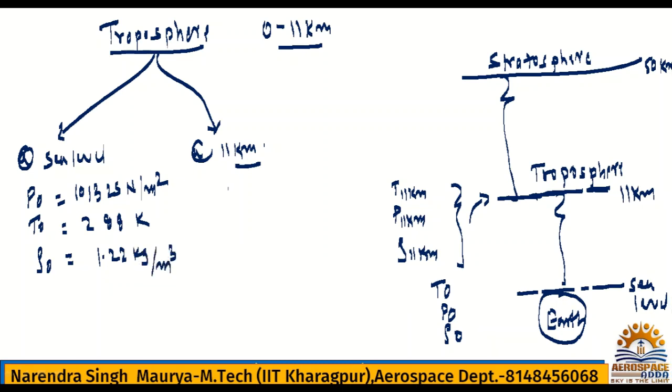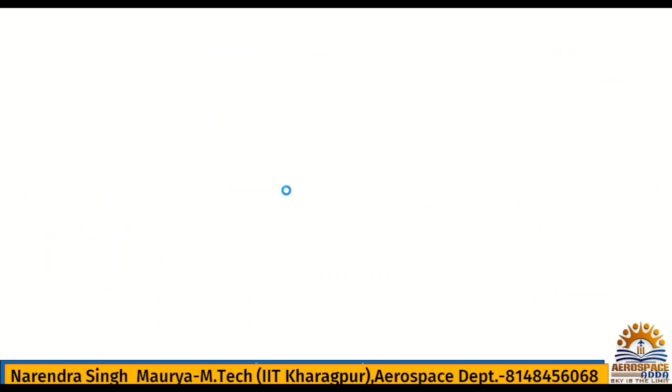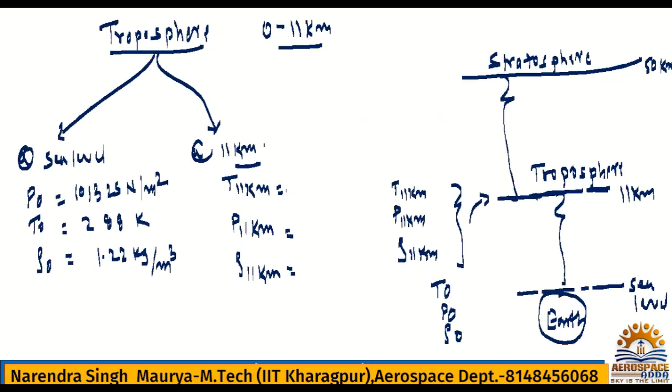At 11 kilometer, what are the data? It is T11, P11, and similarly rho 11. Just now we have seen that. So you remember the 11 kilometer density, 0.36.